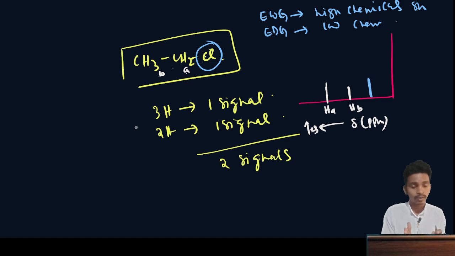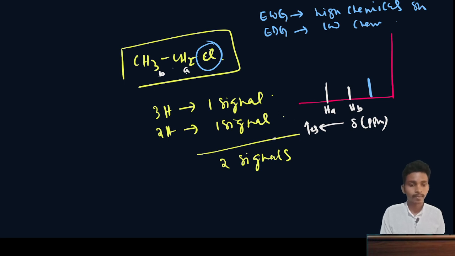This is the position of the signals that we discussed in the previous class. Now in this class we will discuss the exact chemical shift, or the exact position of the signals.